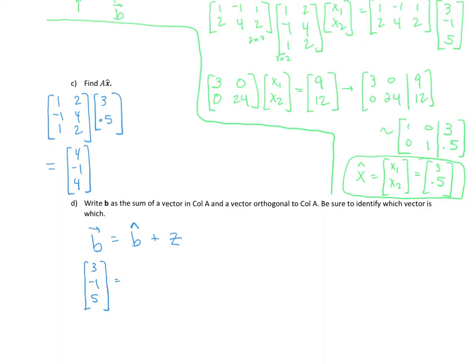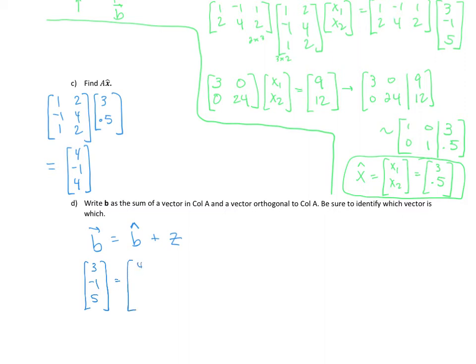B hat is a vector in the column space of A. If you look at part C, when I multiplied A times x hat, that gives you a vector in the column space of A because it's a linear combination of the columns of A. You put a 3 on the 1, -1, 1, and a 0.5 on the 2, 4, 2, and you add them, and so that is in the column space.